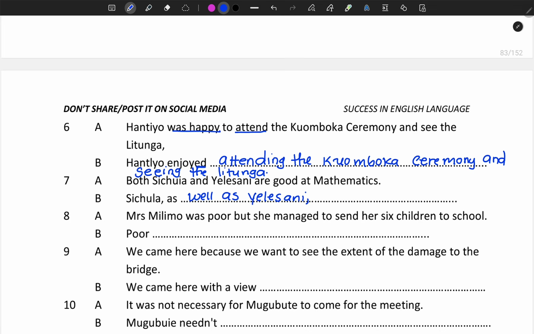So when you mention the second person, you put another comma. Now, this is similar to the first question where we used in collaboration with. So you change from are to is good at mathematics.